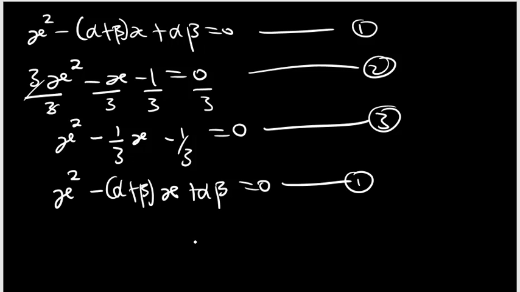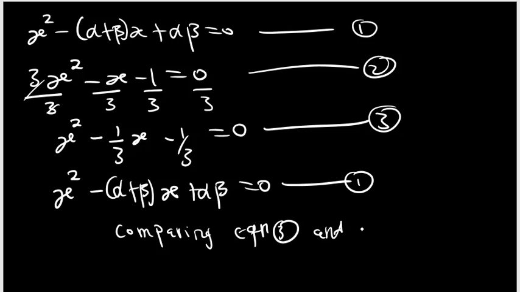So comparing equation 3 and equation 1, we realize that the coefficient of x squared here is 1. The coefficient of x squared here is also 1. So let's do the comparing for the coefficient of x.